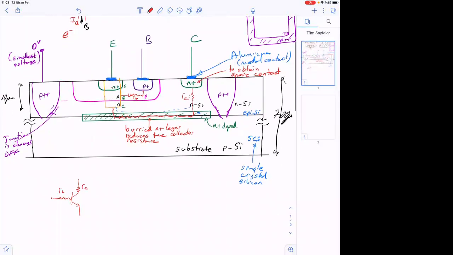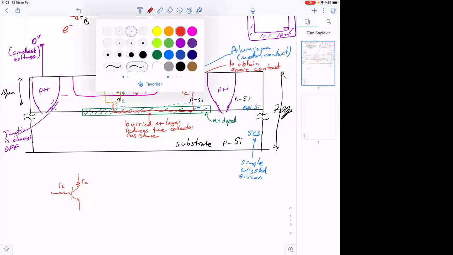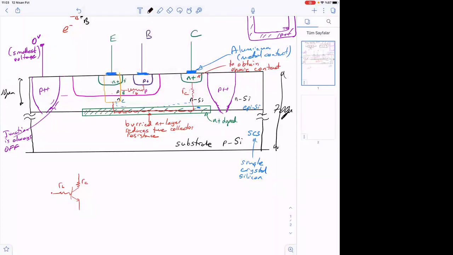Maybe we should have talked about this in the past, but in order to get a good contact for a PN junction diode, let's say you have a PN junction.